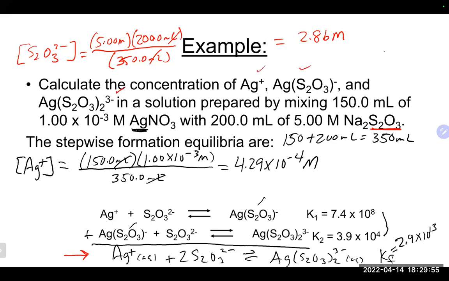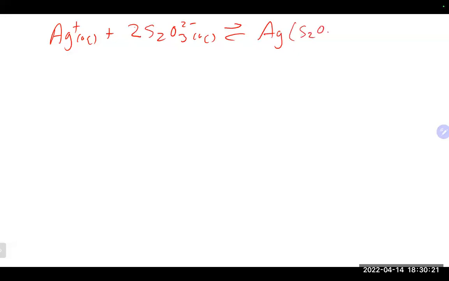So let me rewrite the equation on the next page here, which is the overall equation: our silver plus a couple of S2O3 2 minuses goes and makes our complex ion of our silver and 2 of these, Ag(S2O3)2 3 minus.